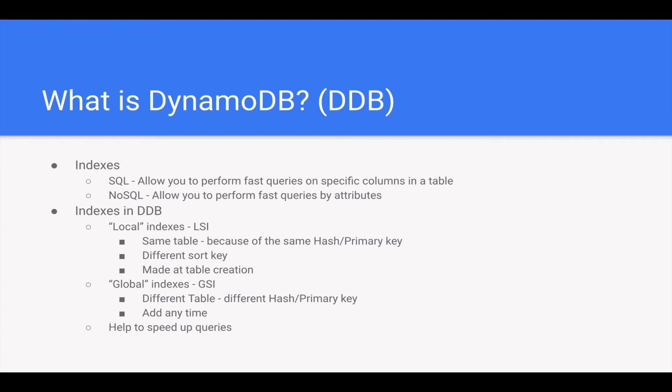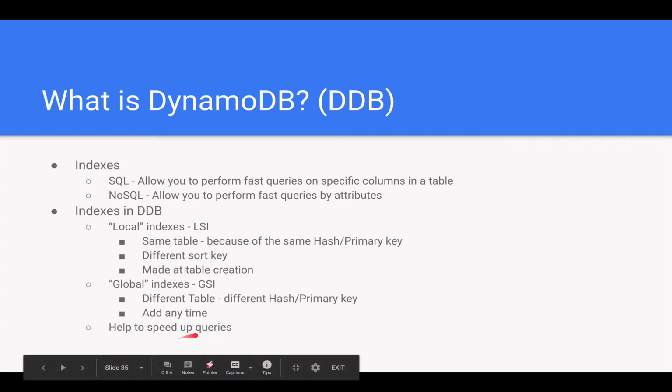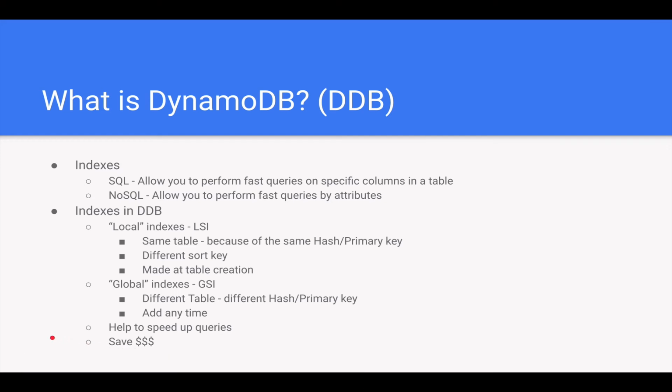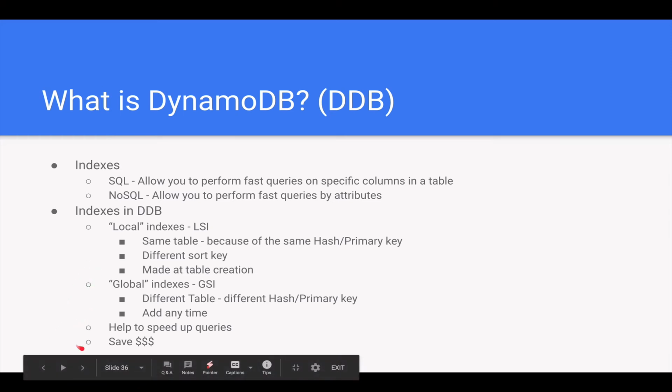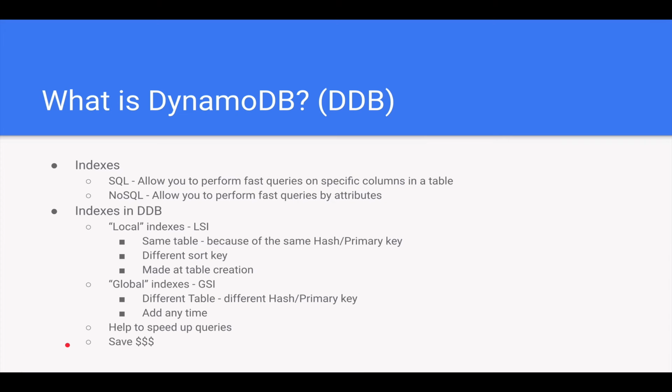But they speed up queries because they add another access pattern that we weren't using before. And they can save money because you're not overfetching. And in Dynamo, you're charged based on how much data you're reading and writing. Mostly, that's how it happens. So in that last example, you don't have to overfetch a ton of data because you made this second index. You can actually save a lot of money by not having to go to the database as much.